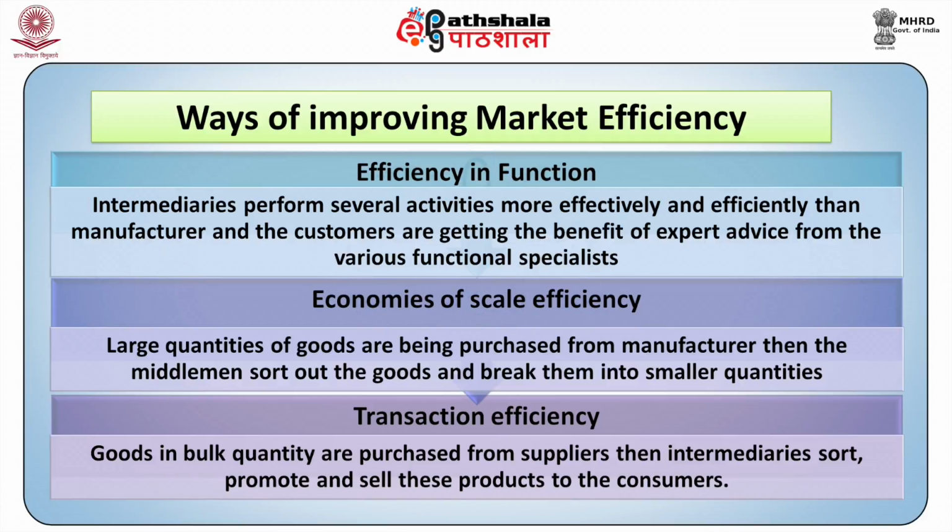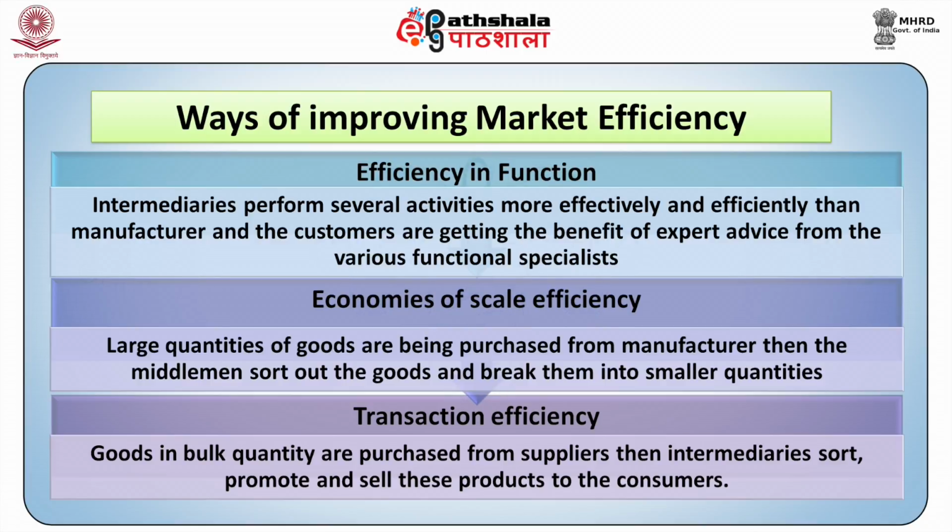Transaction efficiency. When goods in bulk quantity are purchased from suppliers, intermediaries sort, promote and sell these products to the consumers. Promoting, sorting and selling are also known as assorting. Intermediaries acquire a wide variety of products and deliver them to the consumers in one transaction.